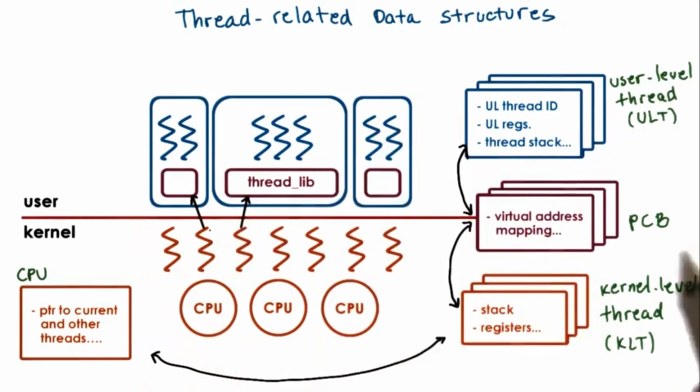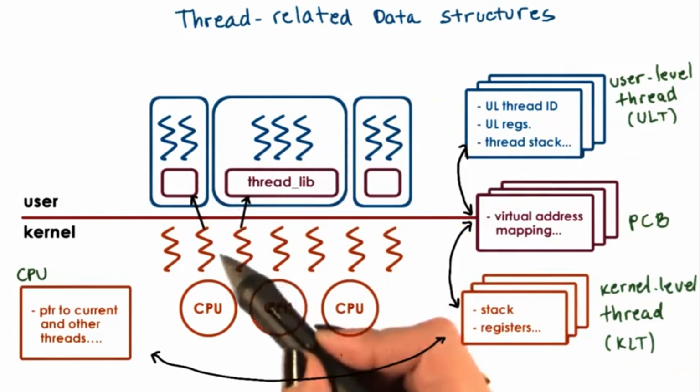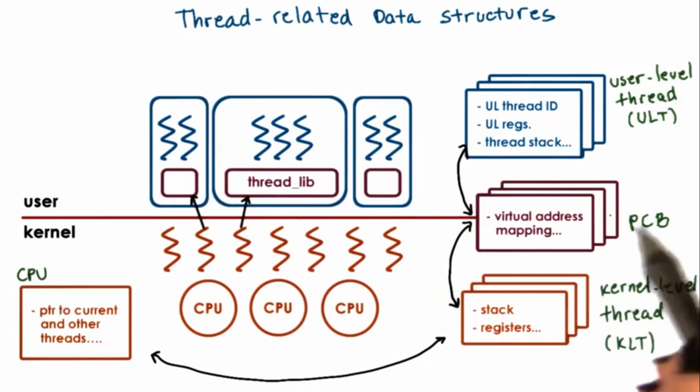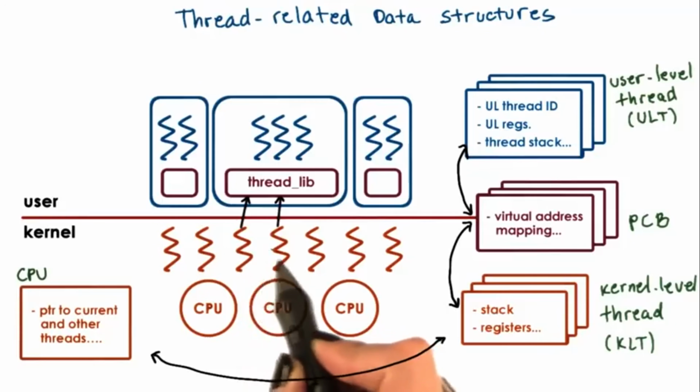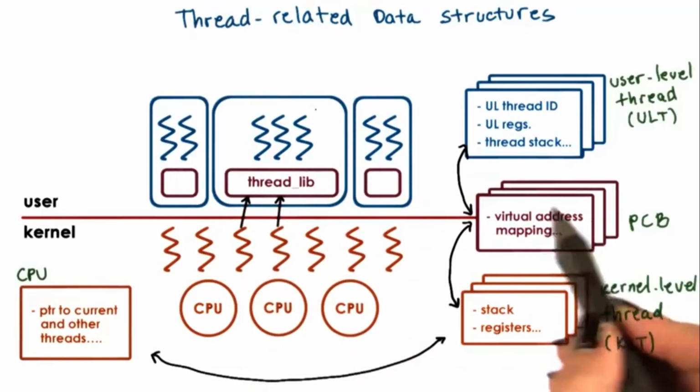In the process, it will save the entire process control block structure of the first kernel-level thread, and then if it's context switching to the second one, it will restore the entire process control block structure of the second one.